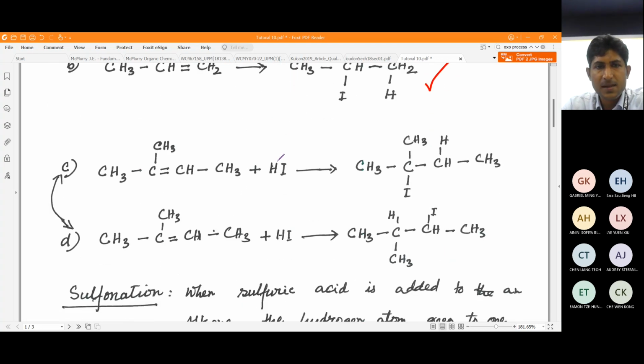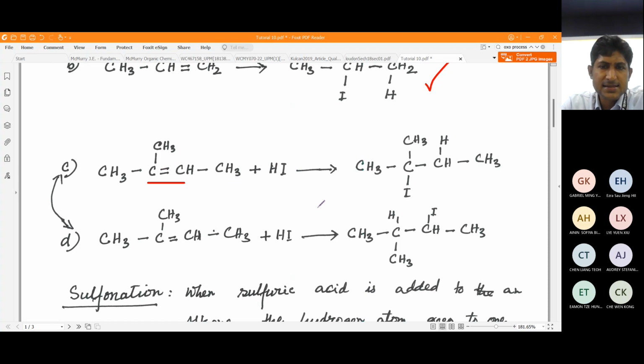Okay, so again, this is another type of alkene where there is a branched chain just adjacent to the double bond. Right, so this double bond is here and the branched chain of carbon is there.